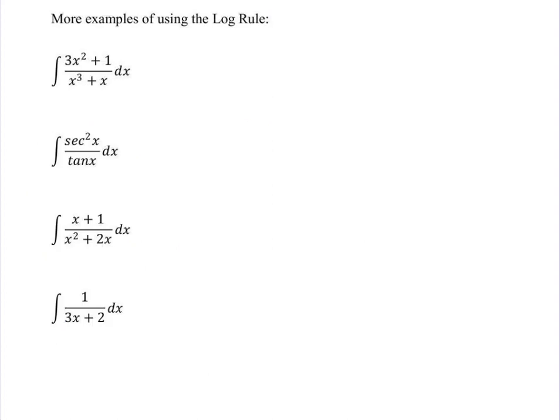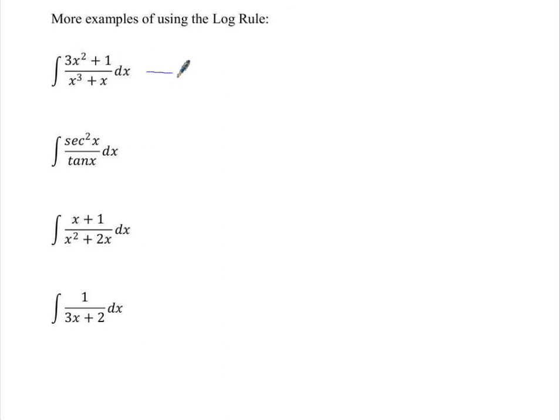More fun examples. This one's already done. The derivative of the denominator is 3x squared plus 1, exactly what we have here.